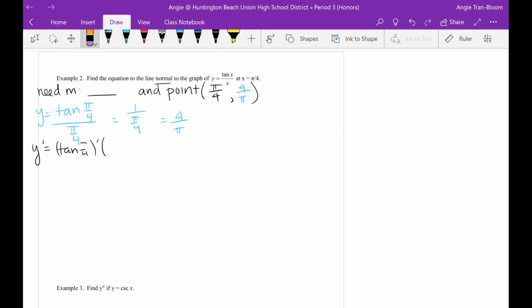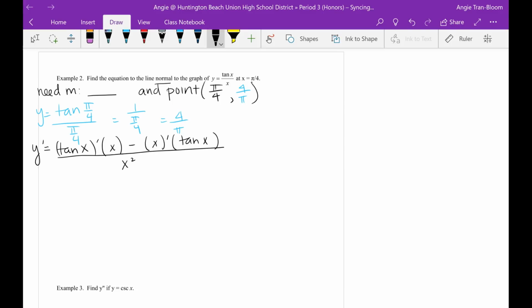Tangent of x prime times what? Times v, and v is the bottom, so it's x, minus v prime, which is x prime, times u, which is on the top, so that's tangent of x, all over x squared, which is v squared.